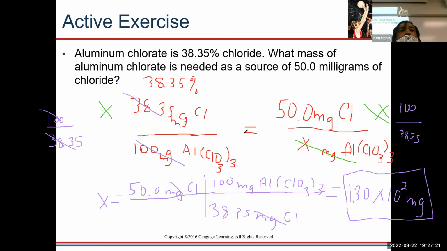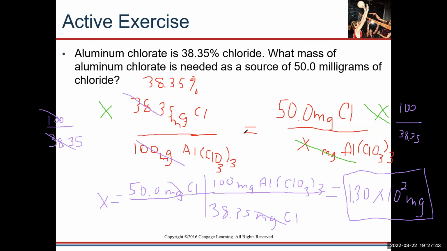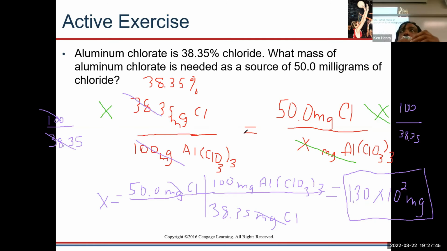But the reason why I chose 38.35 is because I made the assumption that if I have 100 grams of the aluminum chlorate, then I know that 38.35 grams of it will be chloride, okay? And I know that because that's what that percentage represents. This is going to be important when we start trying to figure out empirical formulas, which is the next thing that we're going to be doing.